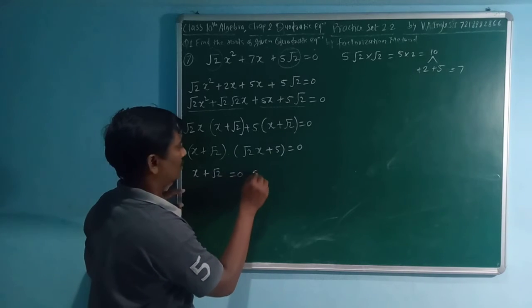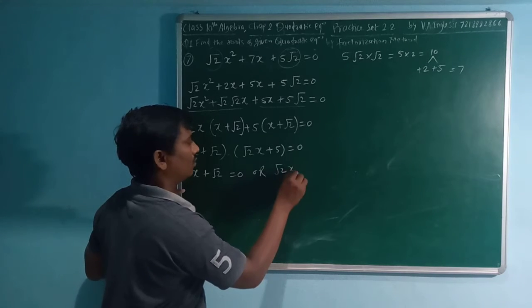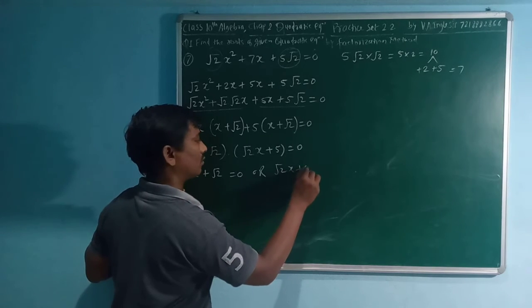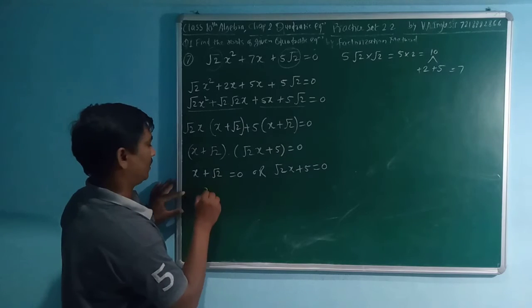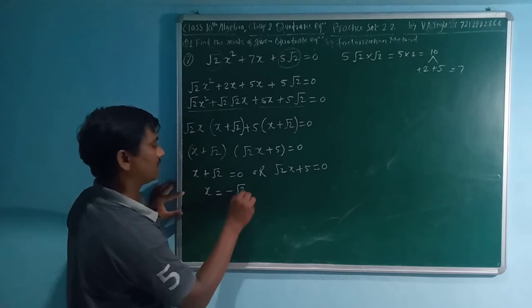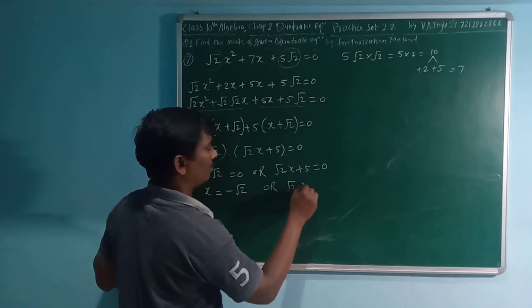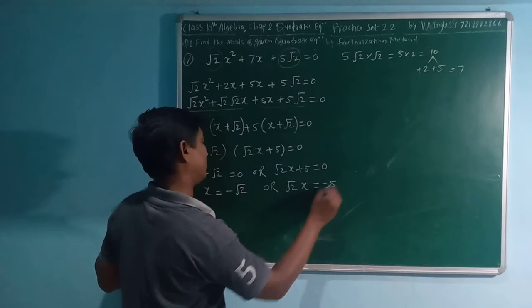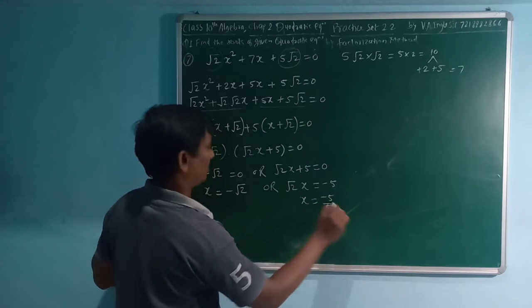So product of two brackets is 0, so I can write here x plus root 2 is equals to 0, or root 2 into x plus 5 is equals to 0. So if I take root 2 to the right hand side, it will become minus, or here it will be root 2 into x is equals to minus 5, so x is equals to minus 5 upon root 2.